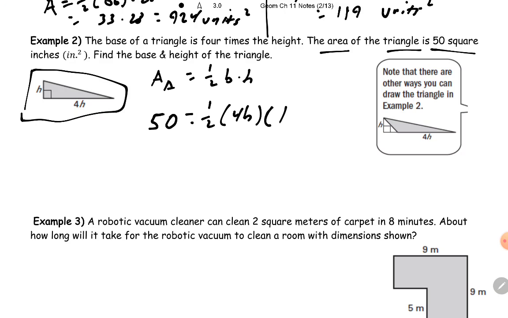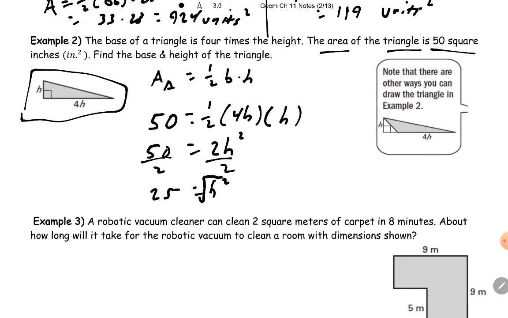And then we have another h for the height. So to get h by itself, well, first let's multiply everything out. 1/2 times 4 is 2. h times h is h squared. Okay, to get h by itself, we're going to divide both sides by 2 to get 25 equals h squared.